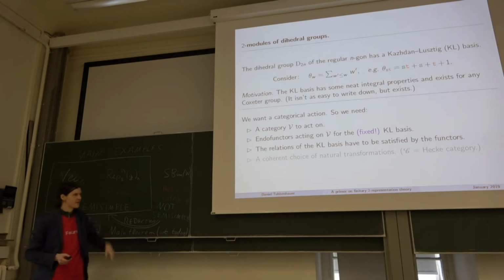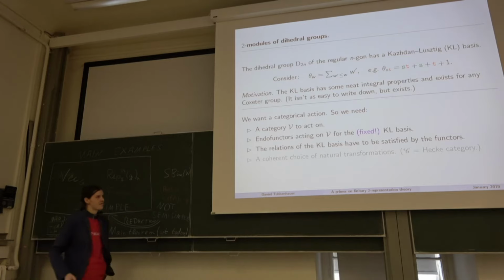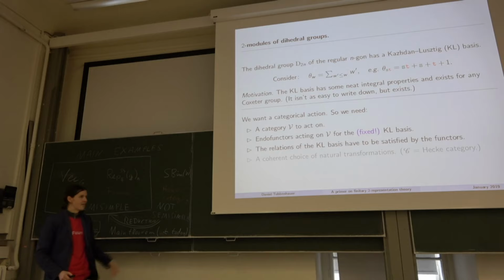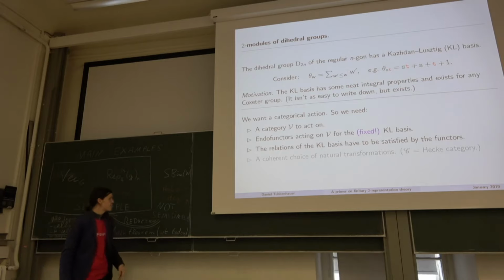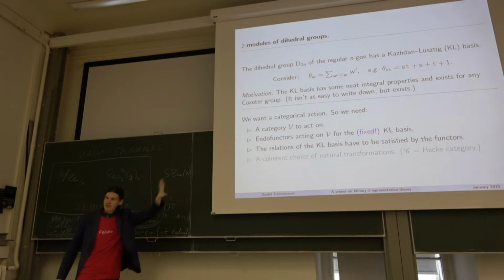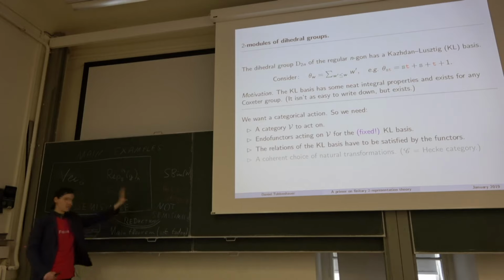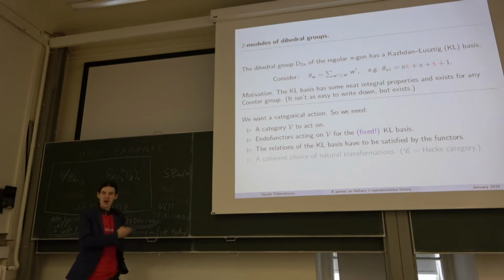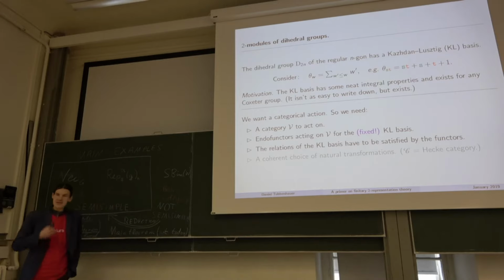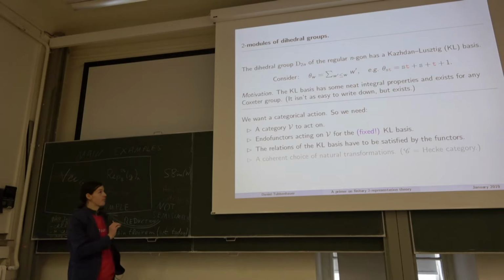The relations of the KL basis of your fixed basis have to be satisfied by those functors. And there's a coherence condition, which basically boils down to that I should take the two category, which I'm not going to explain. So if you know what Soergel bimodules are, then this would be a functorial action of Soergel bimodules. But I'm not going to explain Soergel bimodules. Not because it's really hard, but I think either you have already seen them, or it's useless to do it in 2 seconds.